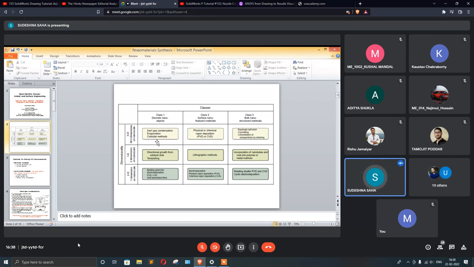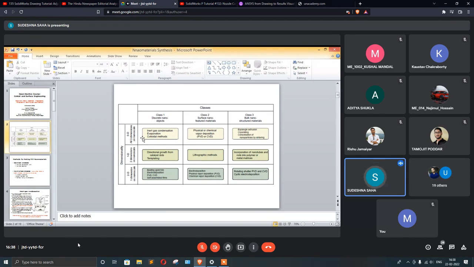Colloidal methods are basically the liquid phase processes, which we will talk about later in the class. But I'm sure you have started noticing that we are moving towards, because this course is about colloid and surface engineering, right?